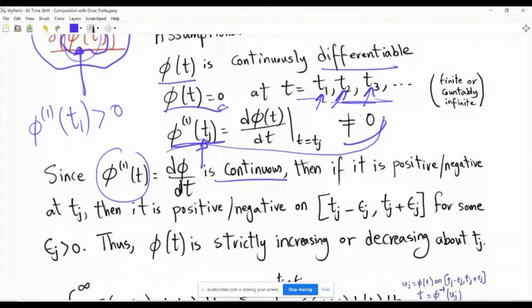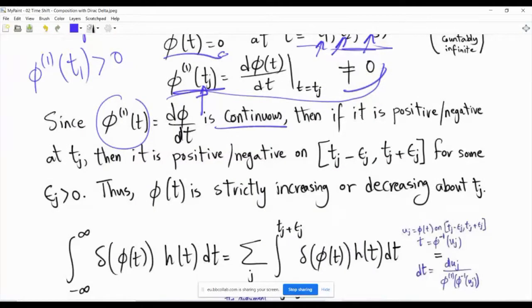Okay, so again, by forcing the first derivative of phi to exist and to be a continuous function, it means that at a point in which the first derivative is positive, we don't just have the first derivative positive at this point. The first derivative will be positive in a neighborhood, in an interval about this point. And if the first derivative is positive, then you know that the function is increasing. If the first derivative is negative, it will be negative in a neighborhood, and over that neighborhood, the function phi of t will be decreasing.